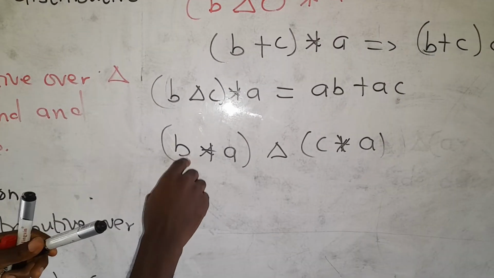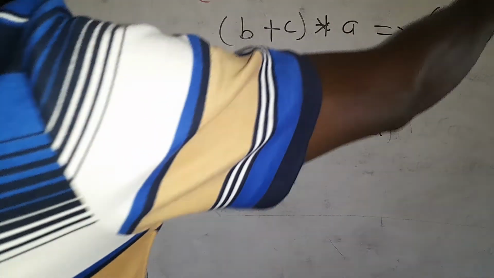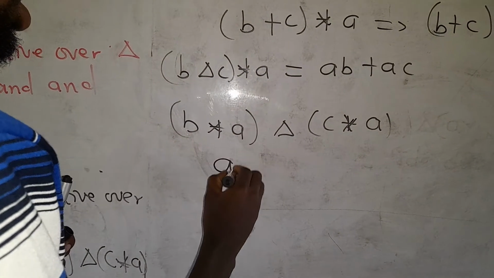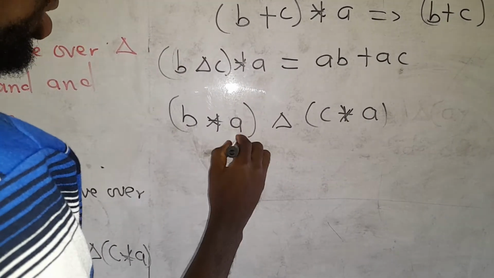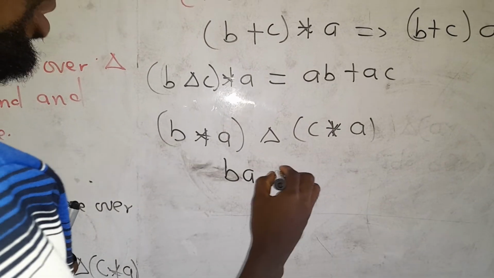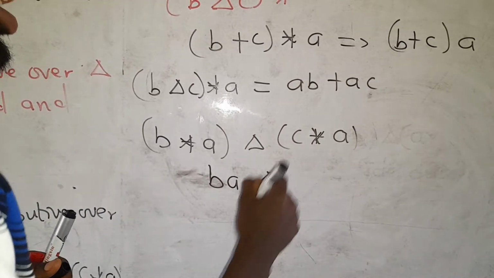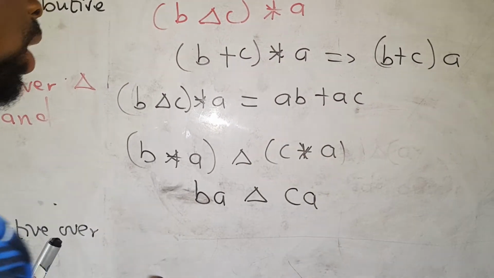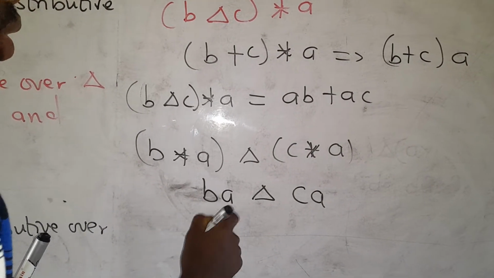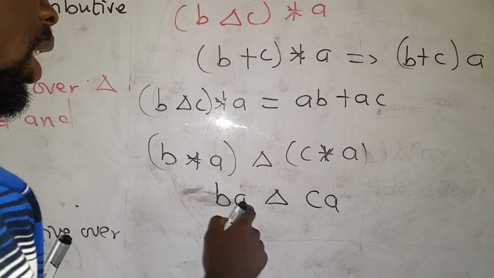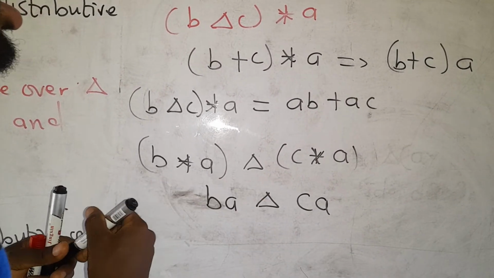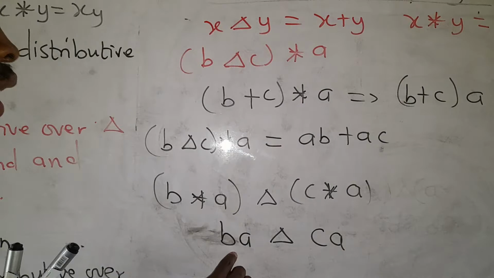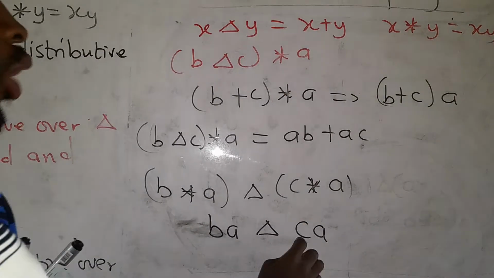The B star A, remember it will be BA, and C star A will be CA. So when we have BA delta CA, in place of X we substitute BA, and in place of Y we substitute CA.